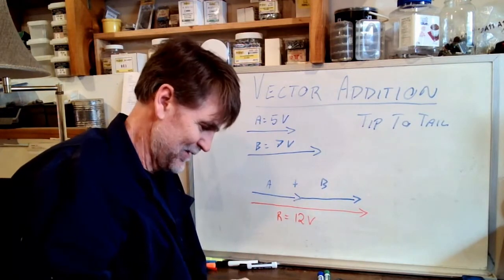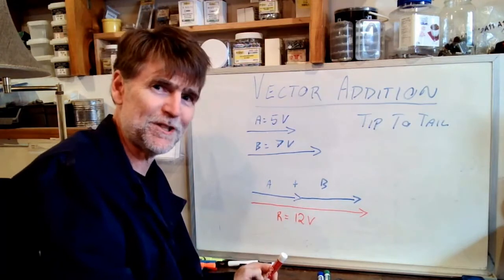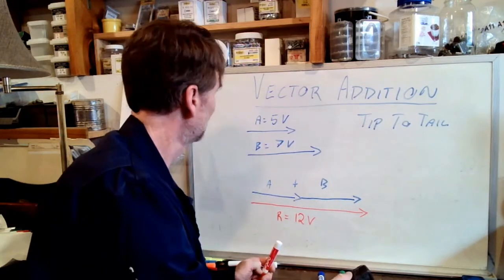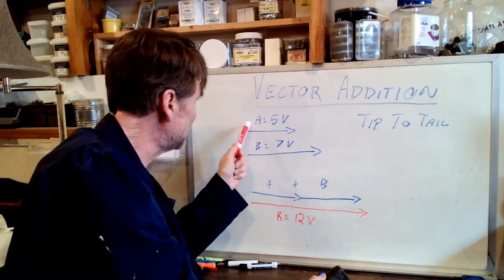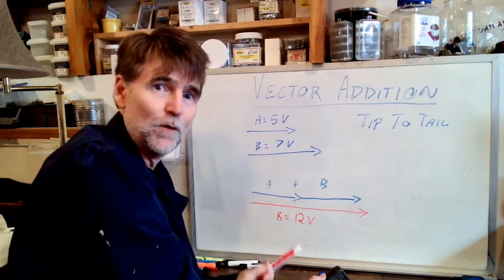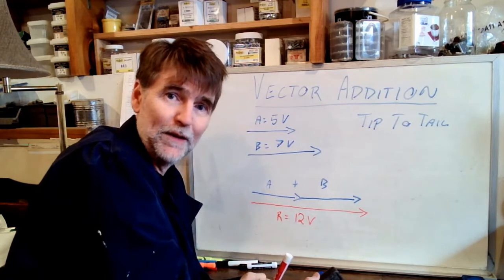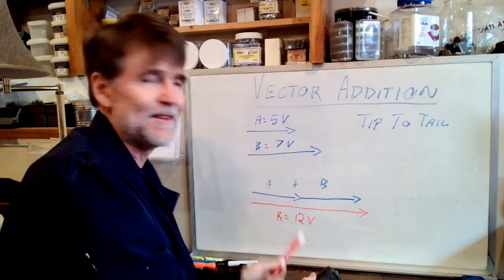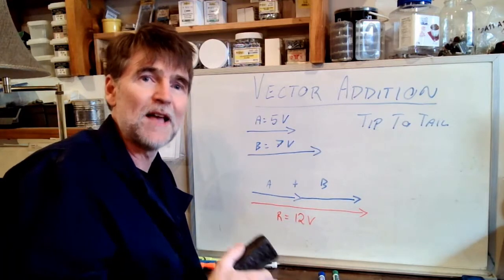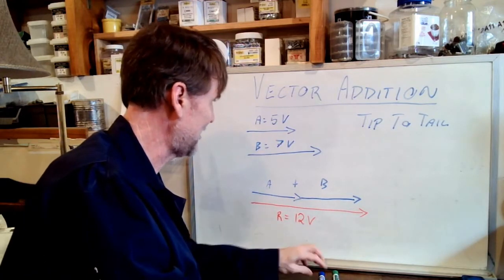Well, it's a pretty good start, but we're not quite done yet. These vectors represent voltages, an AC sine wave. These two vectors are in exactly the same direction to represent two sine waves that are in phase.